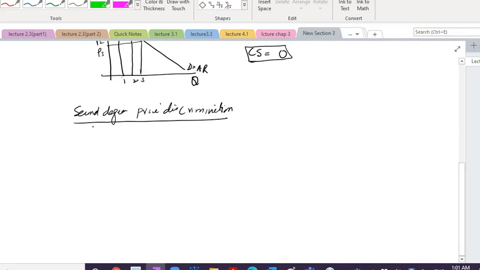Second degree price discrimination is a situation where there is a capacity constraint. What is a capacity constraint? A capacity constraint is a situation where the firm cannot ignore the constraint that its capacity is not being fulfilled.